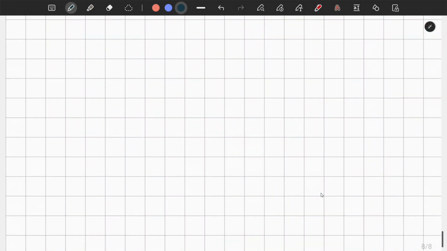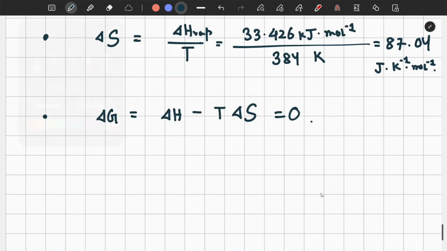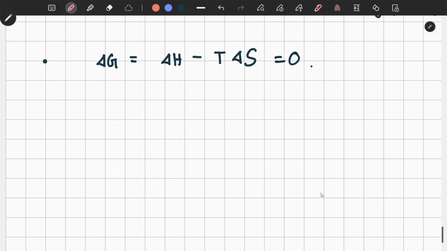Now we can discuss this. What is the third law of thermodynamics? Let me write it. This you have already known, but still.